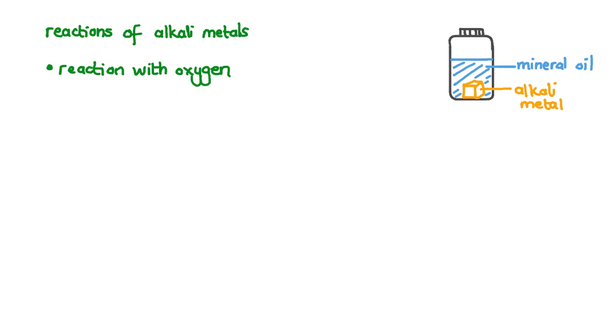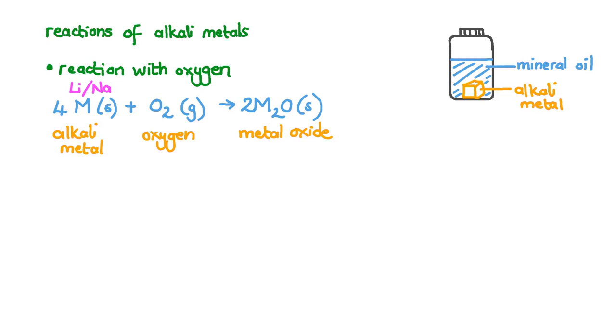For this reason, these metals are stored under mineral oil to prevent their exposure to oxygen in the atmosphere. Lithium and oxygen, represented by M, react with oxygen to form metal oxides of the form M2O, which are solids. Let's look at a real example of this general equation using sodium.